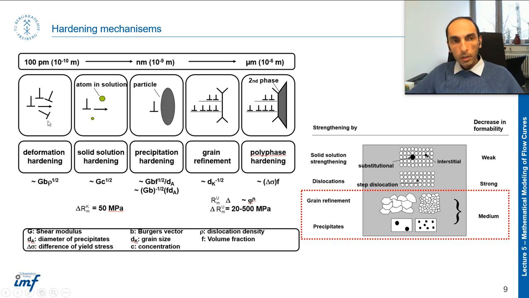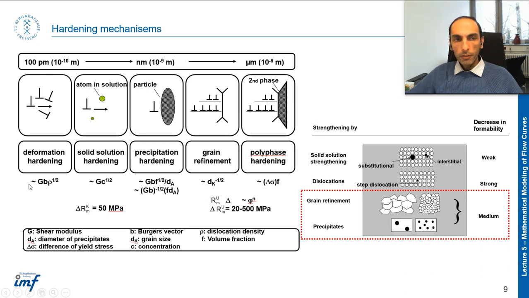So the example for the dislocation or jungle of dislocation is exactly the same as the person who is walking in a street alone or in a crowded street. So this is the way that we have deformation hardening in material.